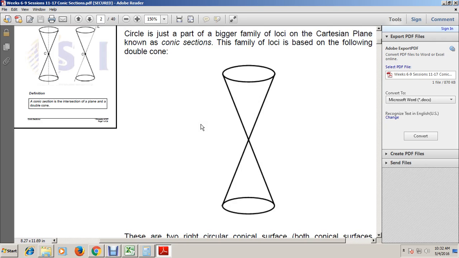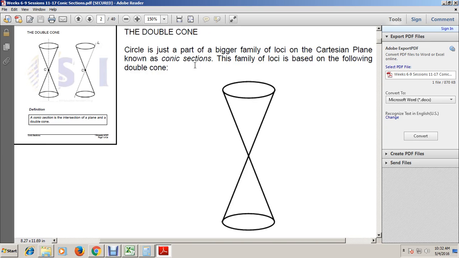Okay, so just like what we have discussed in the previous video lecture on circles, a circle is simply a collection of points that is equidistant from the center of the circle. So this means that a circle is simply only a portion of what we call a conic section.